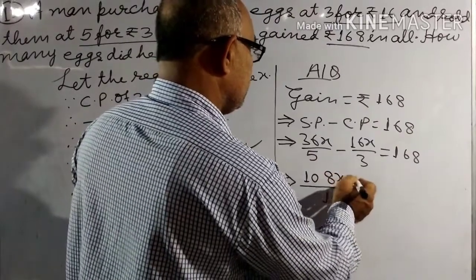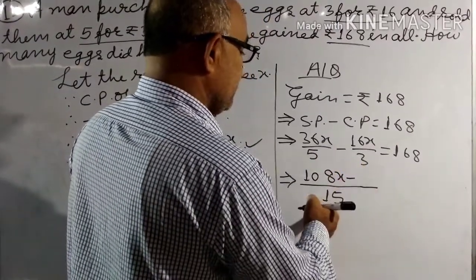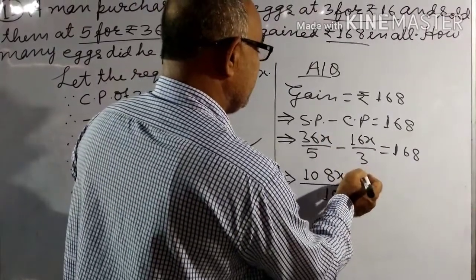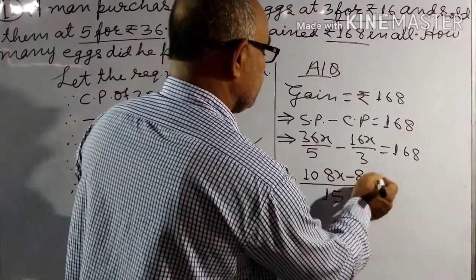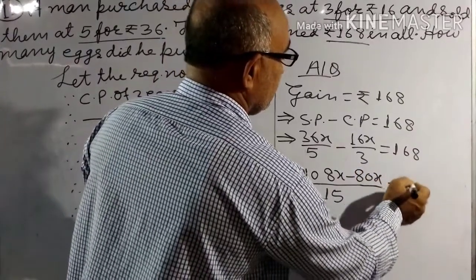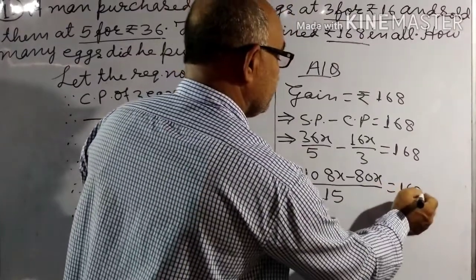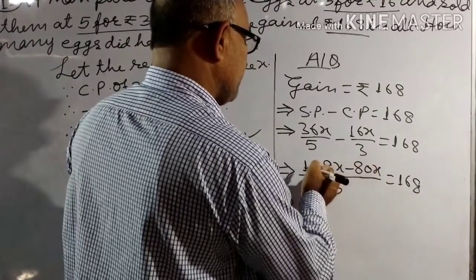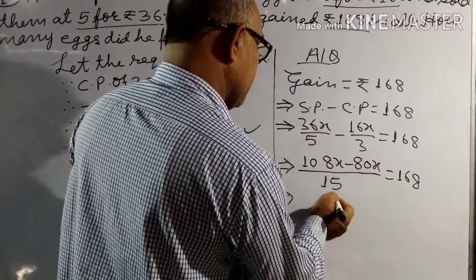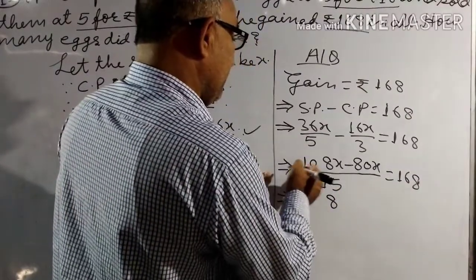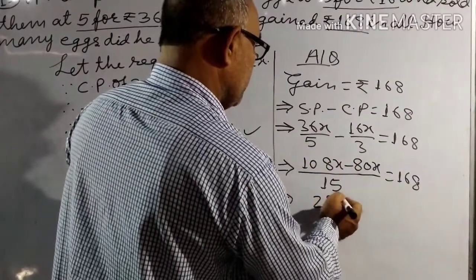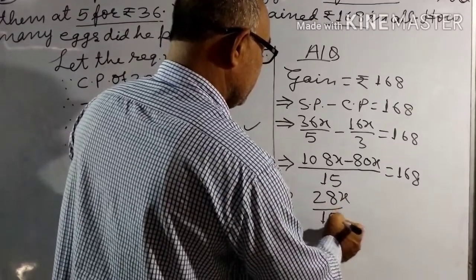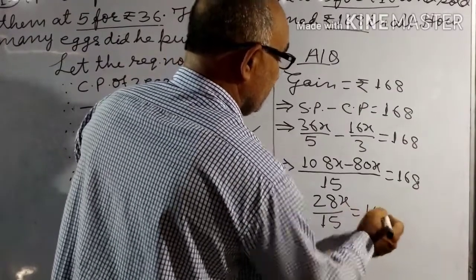So 108x minus 80x, 5 times 16 is 80, by 15 equals 168. That implies 28x by 15 equals 168.